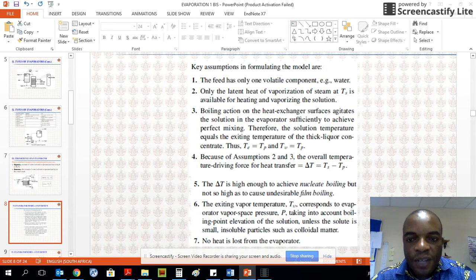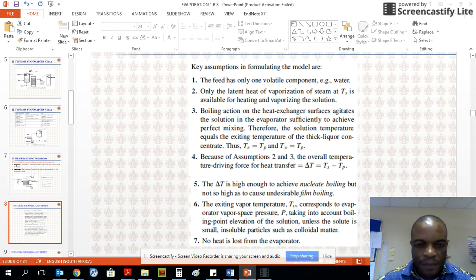Third, the boiling action on the heat exchanger surfaces agitates the solution in the evaporator sufficiently to achieve perfect mixing. So you assume that there is perfect mixing, so the solution temperature equals the exiting temperature of the thick liquor concentrate.